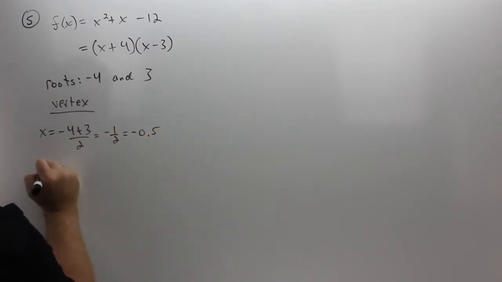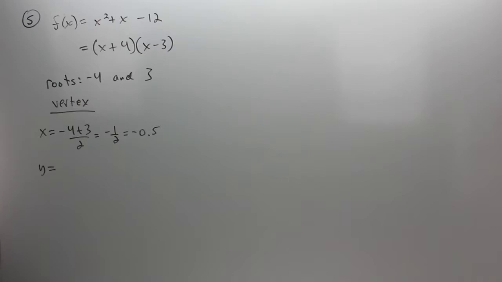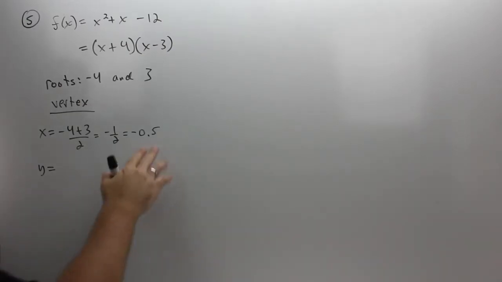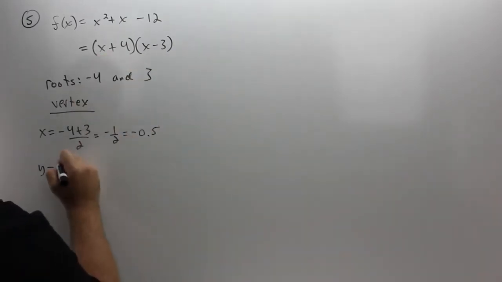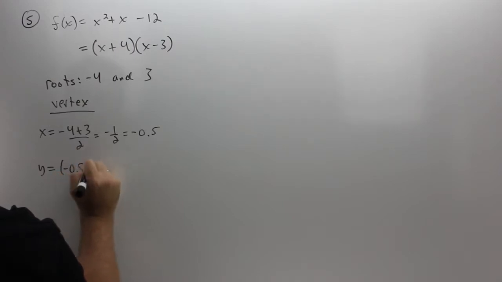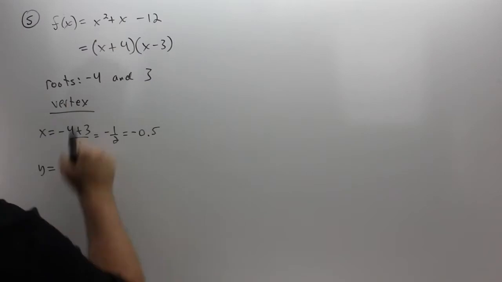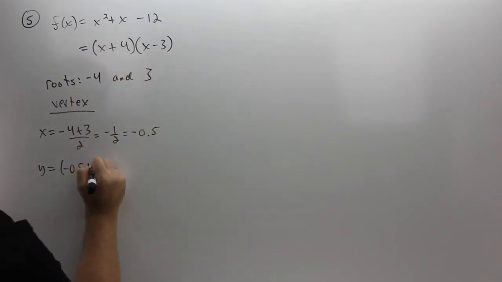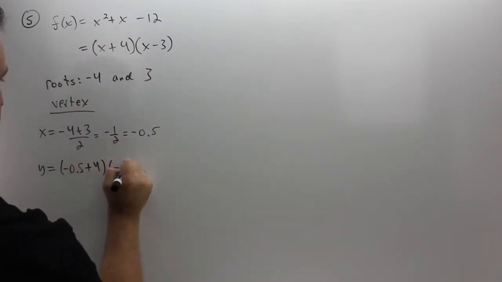To get our y value, we are just going to plug in negative 0.5 into the equation. So negative 0.5 plus 4. I'm actually not plugging it into the original equation, I'm plugging it into the factored one. Doesn't really make a difference.